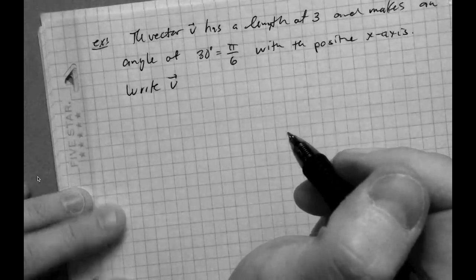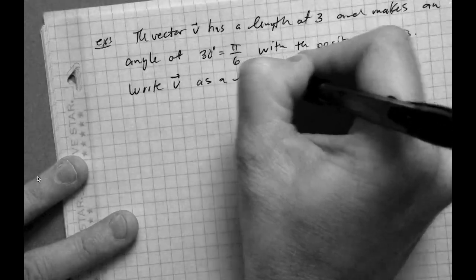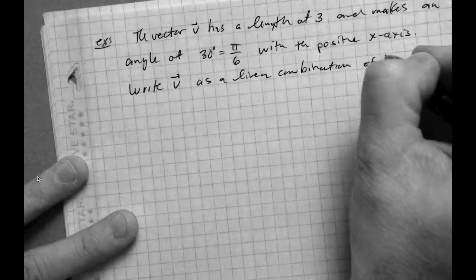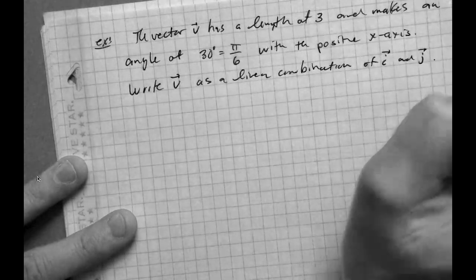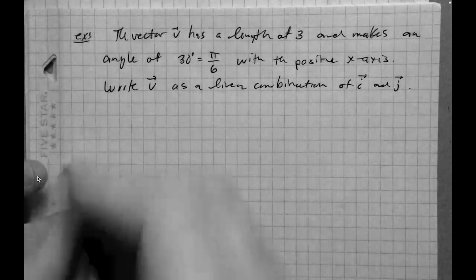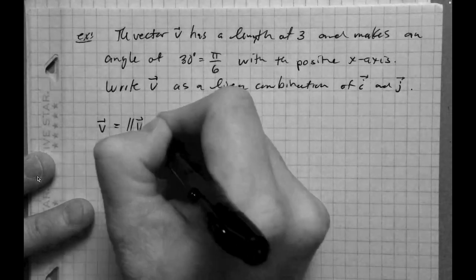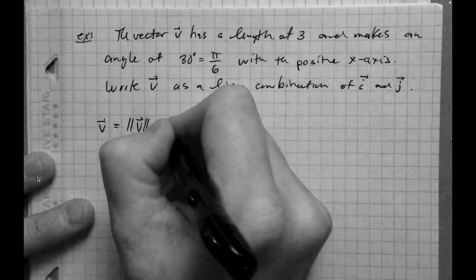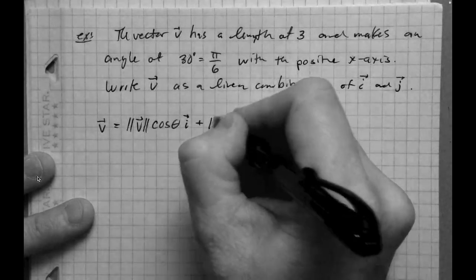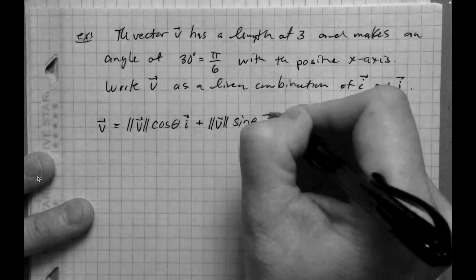We're going to write v as a linear combination of I and j. So we know that v is equal to the norm of v times cos theta I plus the norm of v times sine theta j.